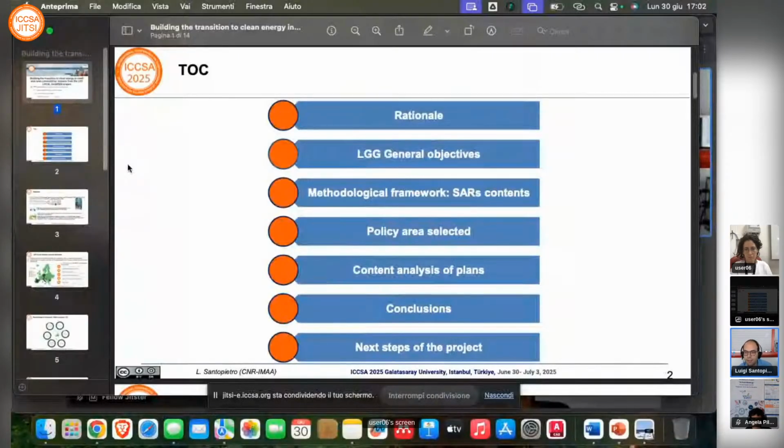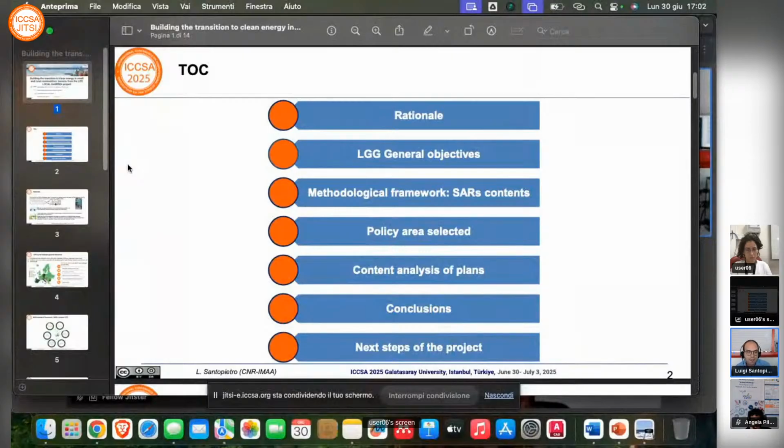In particular, I will show the self-assessment report process developed by each pilot municipality engaged in the project. And then I will provide a specific focus on the policy areas selected by each municipality and a short but significant content analysis of the plans analyzed.